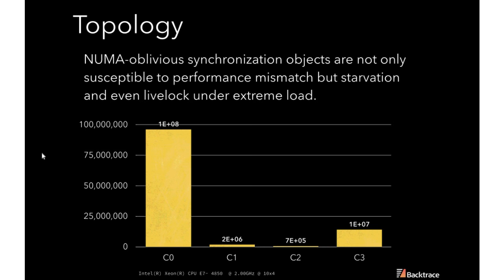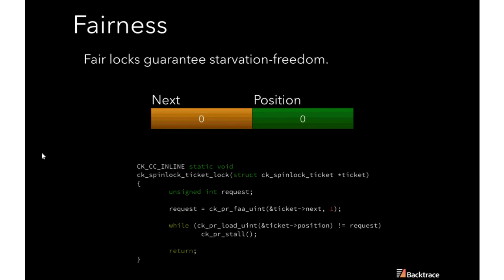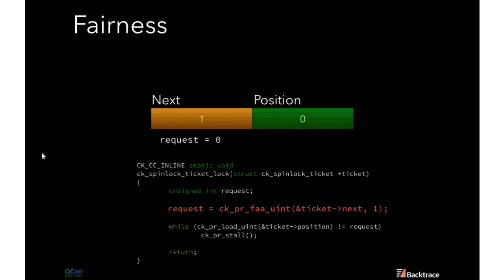One approach to mitigating this is to use a fair lock. Ticket locks have been around for a long time now. They got a bit more love and attention a few years ago due to some work that Nick Piggin did for SUSE, where they introduced this for the Linux kernel. The way the ticket lock works is that every acquisition request is provided a unique ticket number.